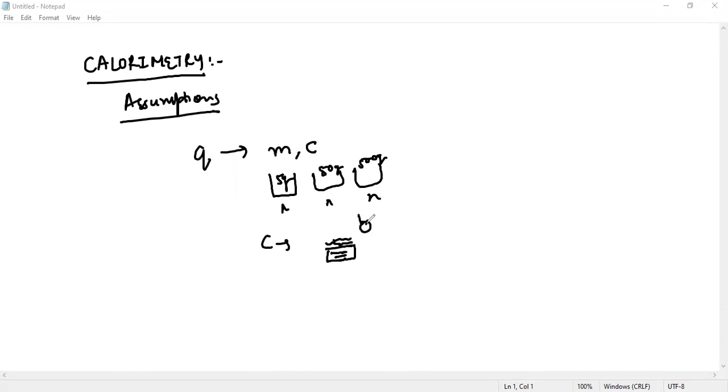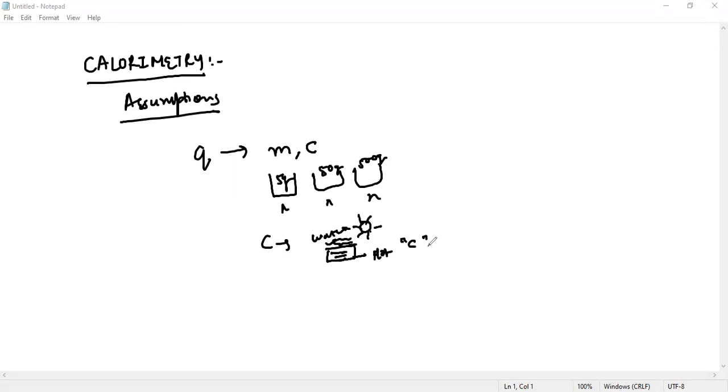It's a sunny day. The sun is heating both water as well as the sand equally, and you will experience that the sand is much hotter as compared to the water. What makes the difference here? The specific heat capacity c.